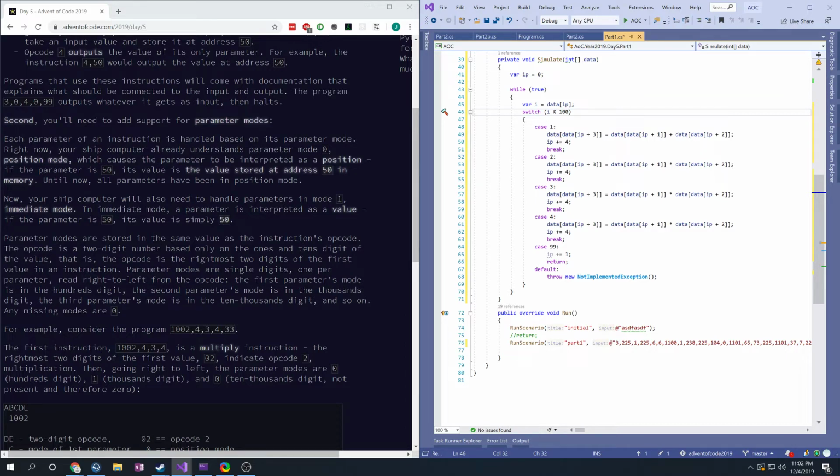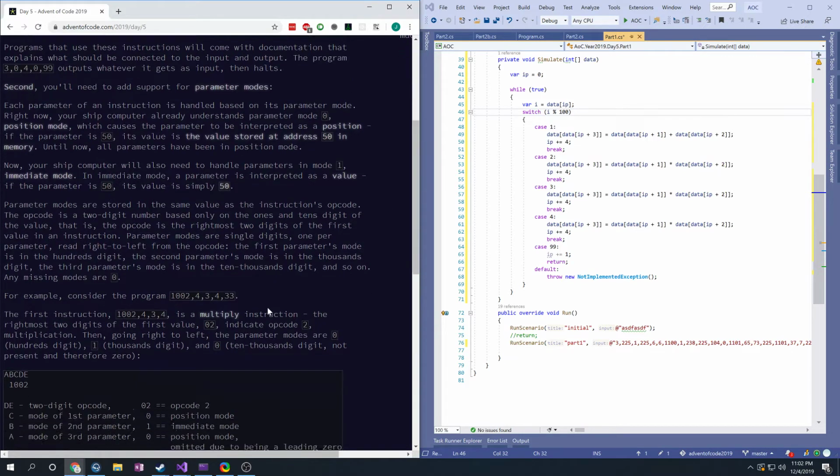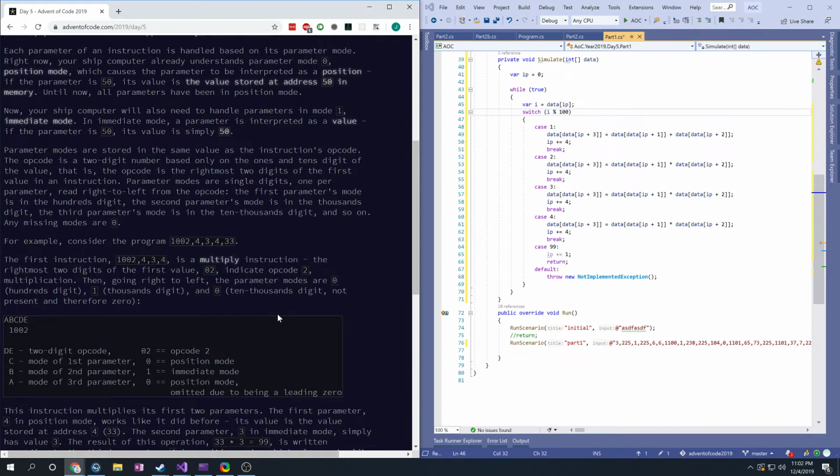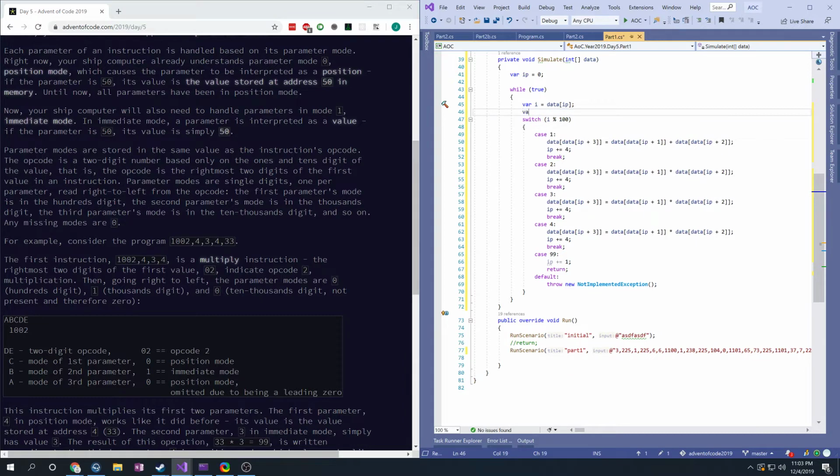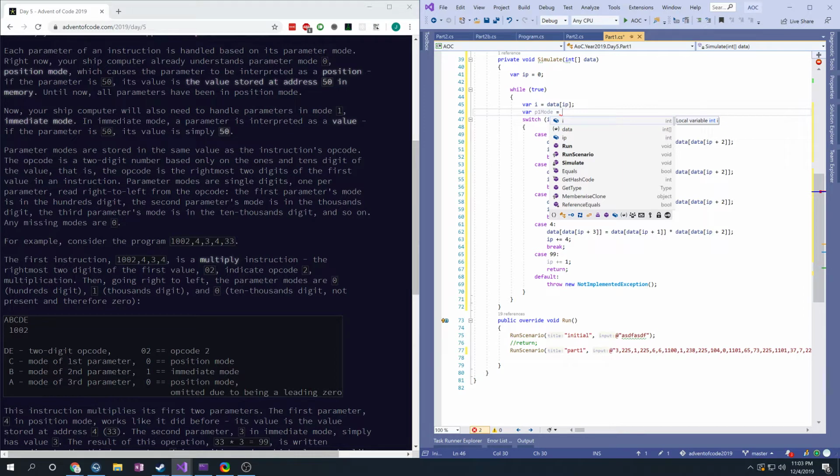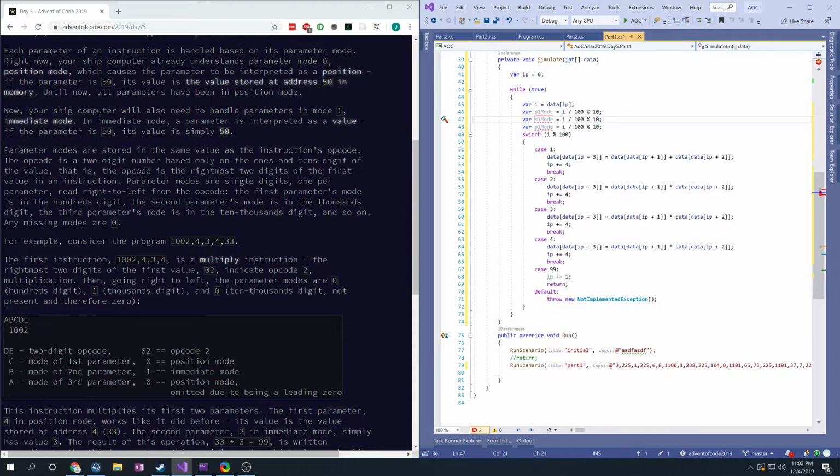Then the hundreds digit and the thousands digit are the modes. Okay, that makes sense. Effectively, this will get us the modes of each parameter.